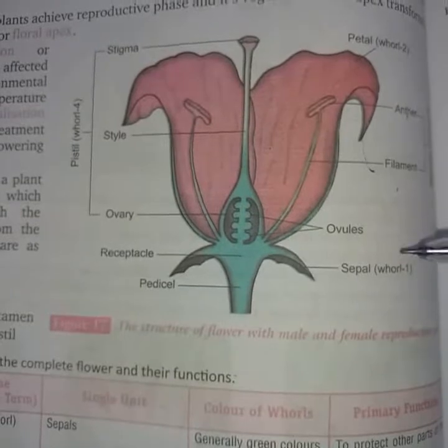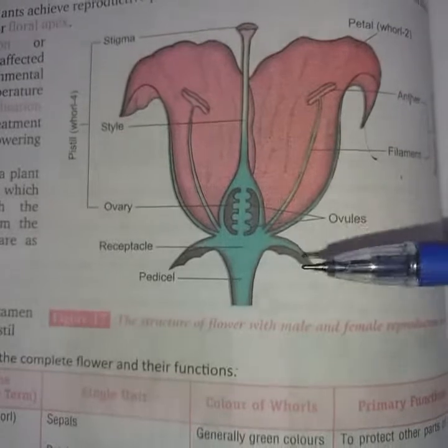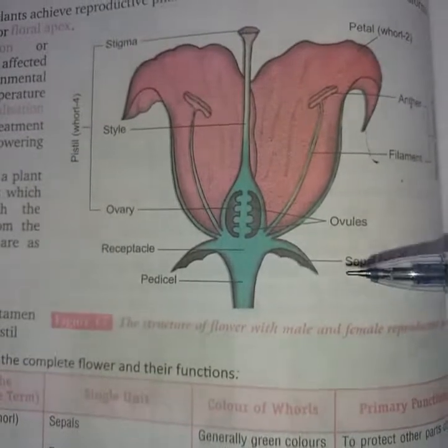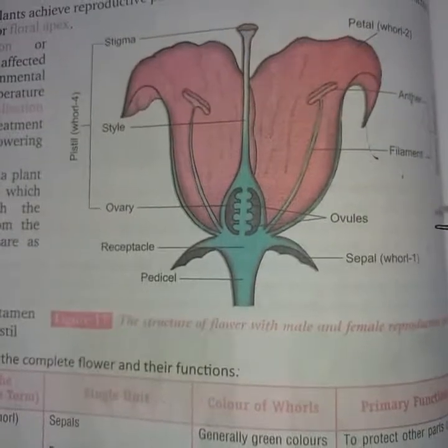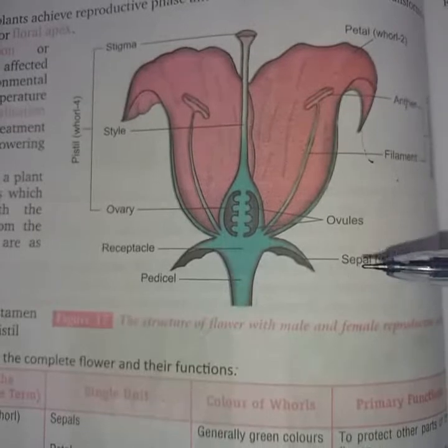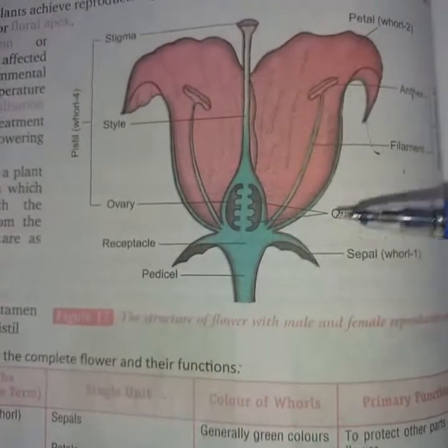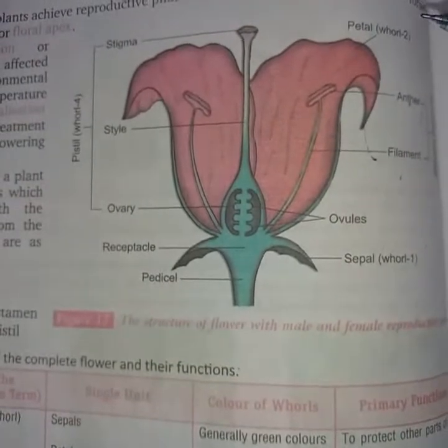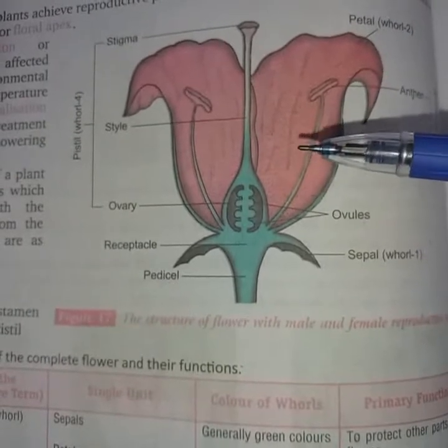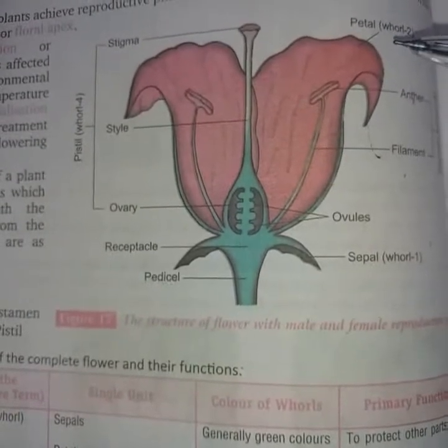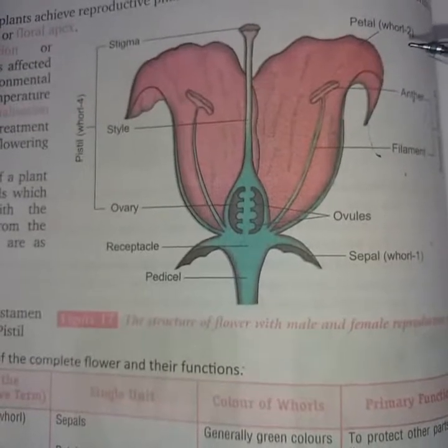What are these? Whorl means a rounded structure. First, the sepals cover the whole flower. That's called whorl 1. It means the sepals cover all over the flower firstly. Second, whorl 2 means the secondary covering of the flower with petals. So, petals are called whorl 2.